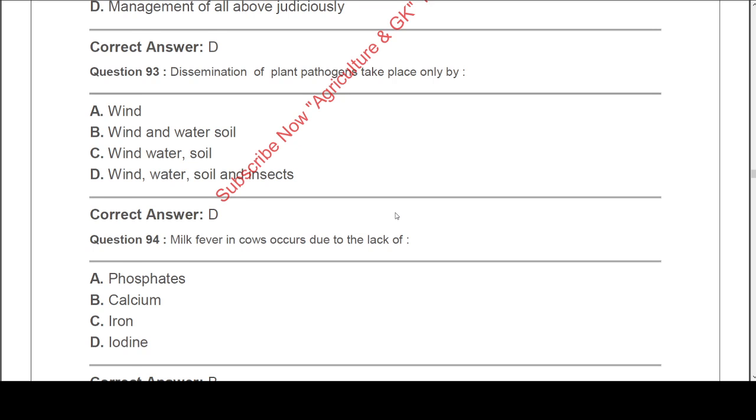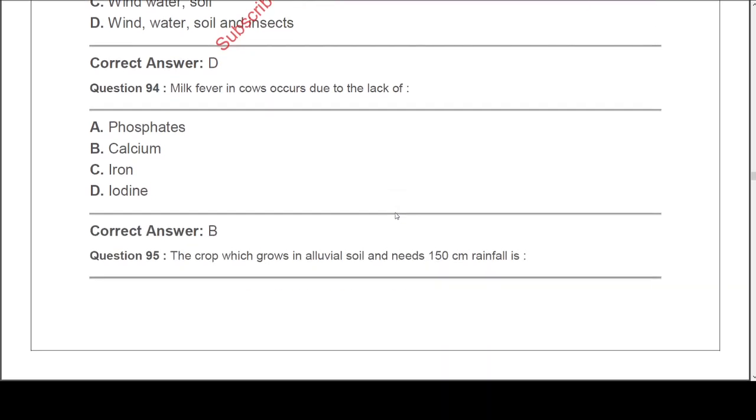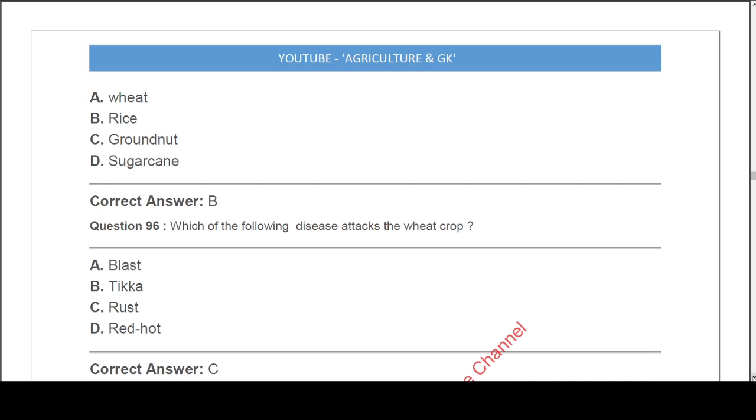That is option D. Milk fever in cows occurs due to the lack of calcium, option B. The crop which grows in alluvial soils and needs 150 centimeter rainfall is option B, that is rice. Which of the following disease attacks the wheat crop? It is option C.